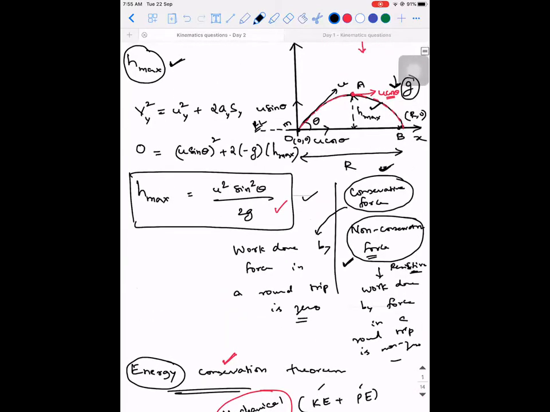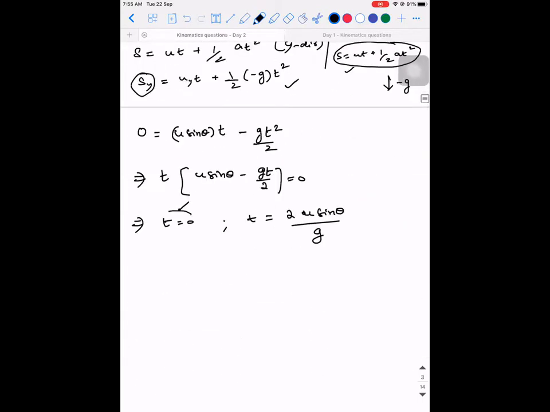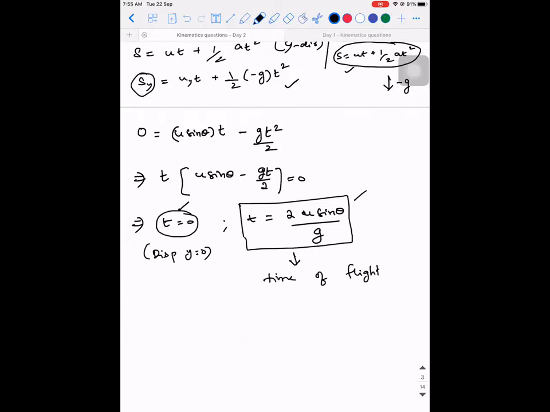One is point O, the initial point, and the other is point B, after covering a range R. So that is why you are getting t is equal to 0, where displacement along y direction is 0, and this is another point where displacement is 0, and this time is what is called the time of flight.